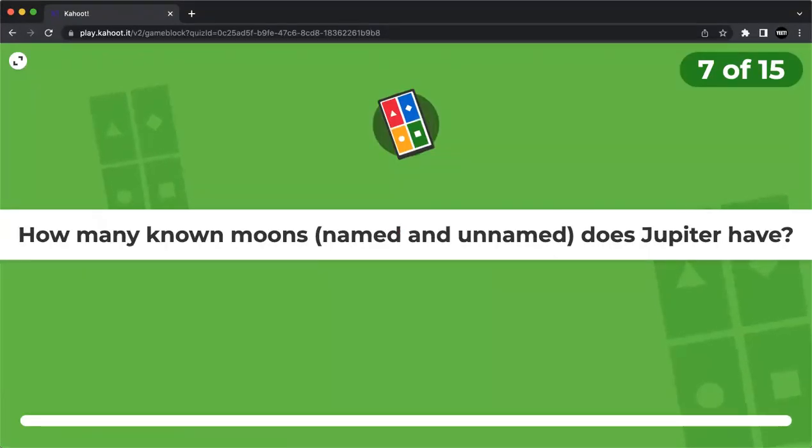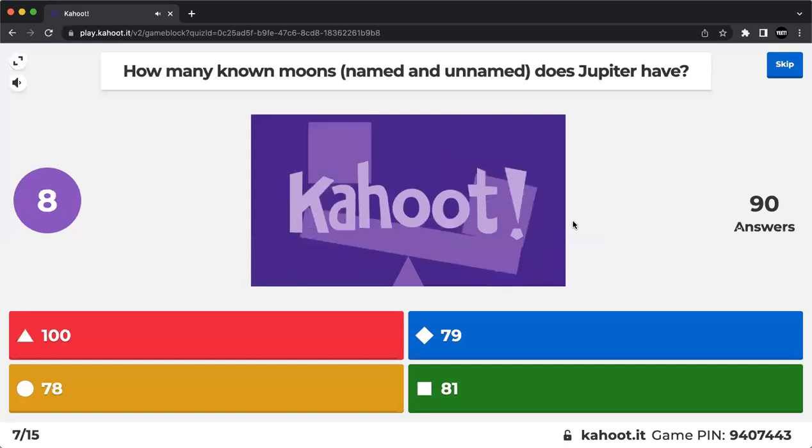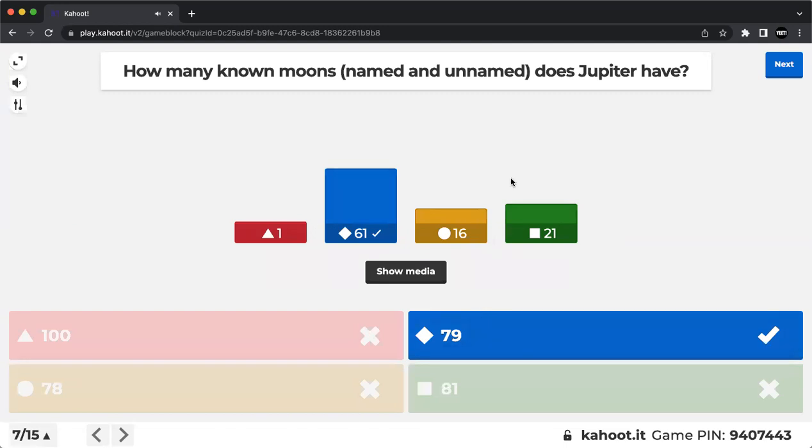How many known moons does Jupiter have? So obviously there are many unknown moons that we probably haven't seen yet, but how many known ones? Yep, 79.